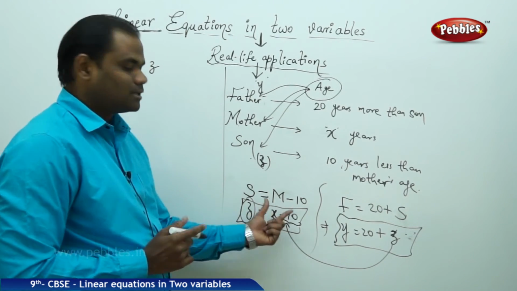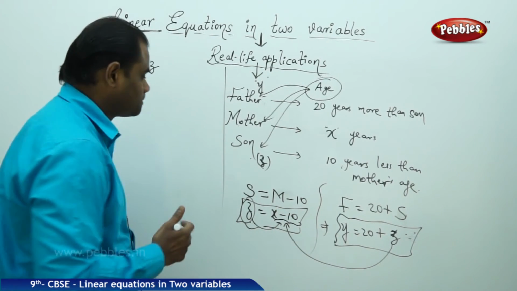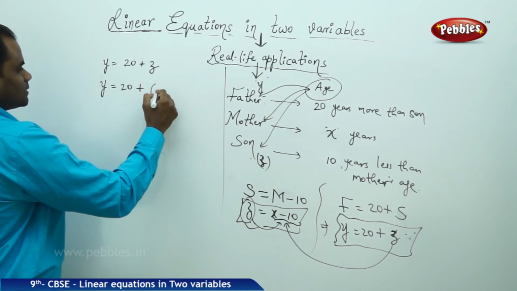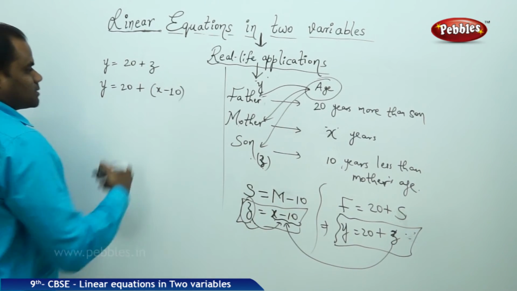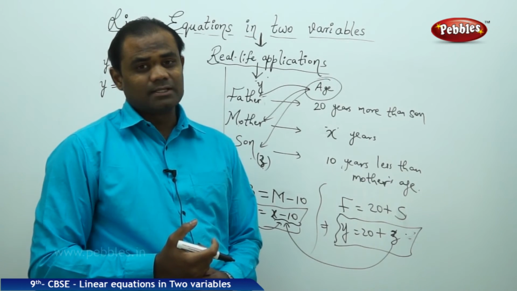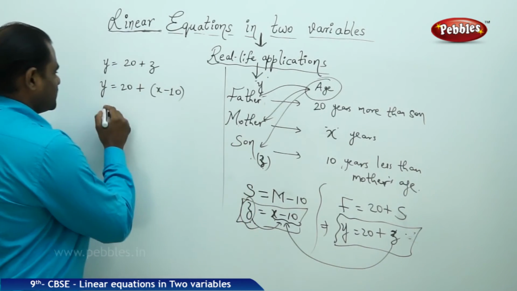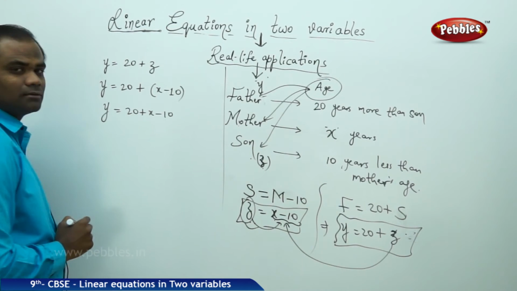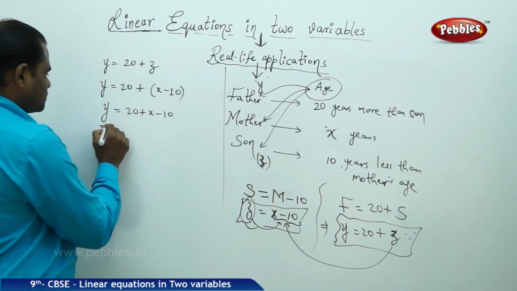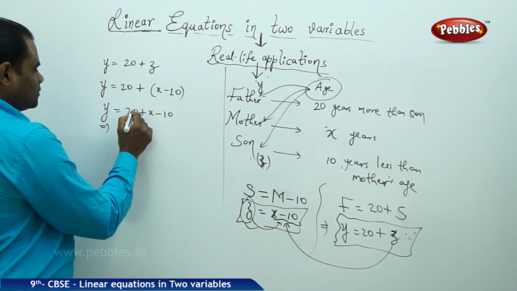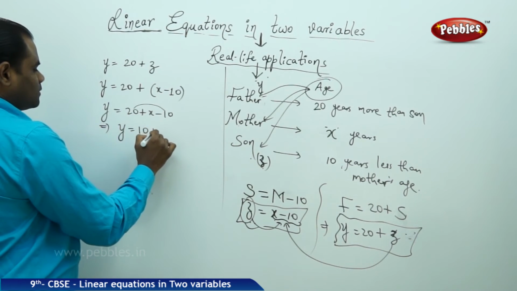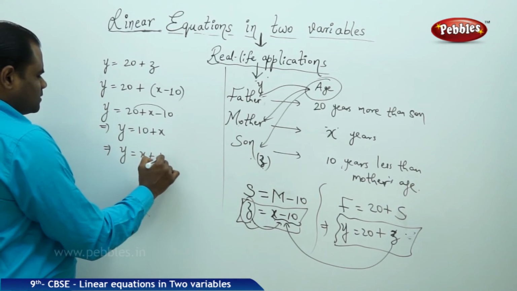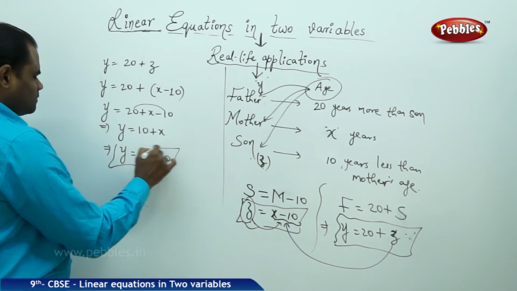So I get 20 plus x minus 10, which on simplifying gives me y equals 20 minus 10, which is 10, plus x. That implies y is x plus 10.